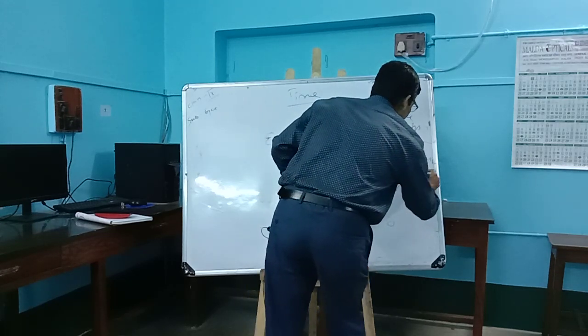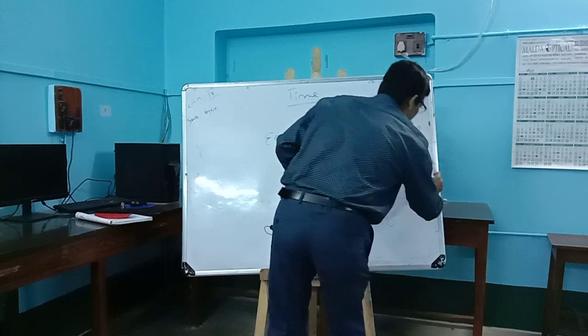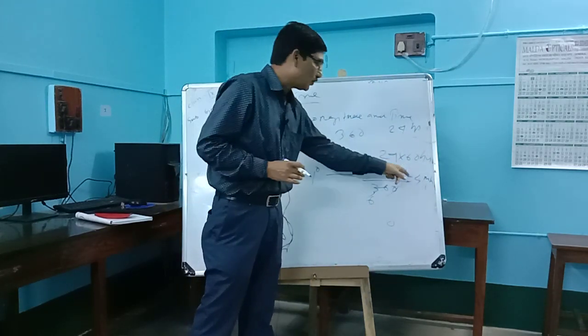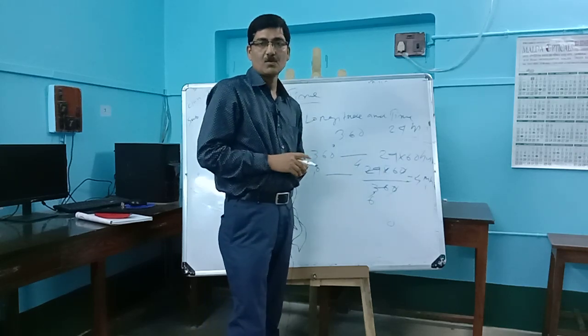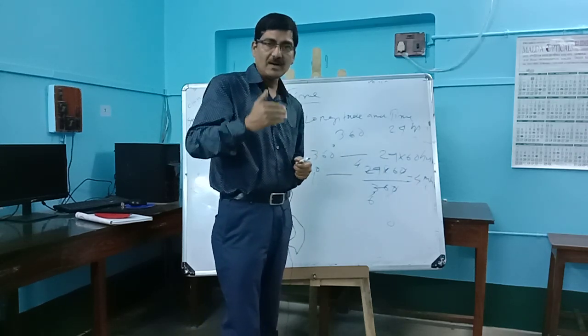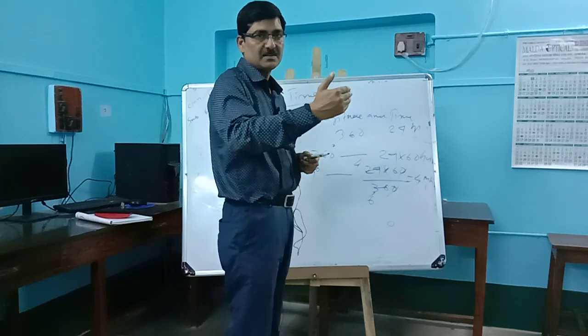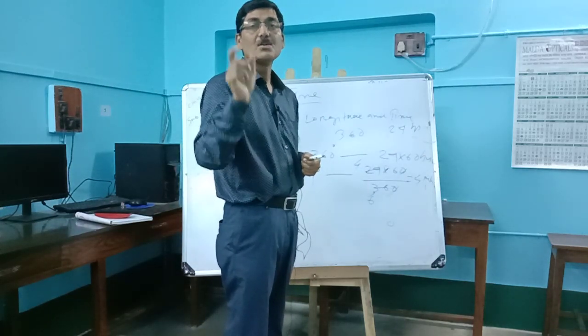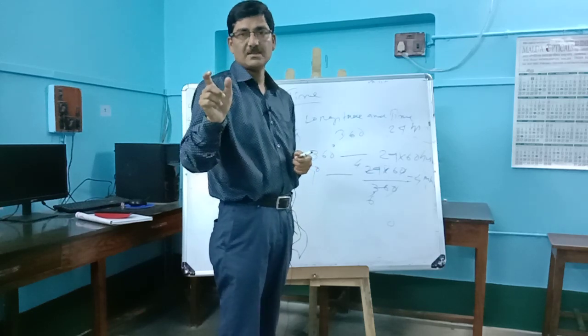That means 4 minutes. 1 degree makes a time difference of 4 minutes. If we move from 1 degree longitude to another degree, that is 2, it makes a time difference of 4 minutes.